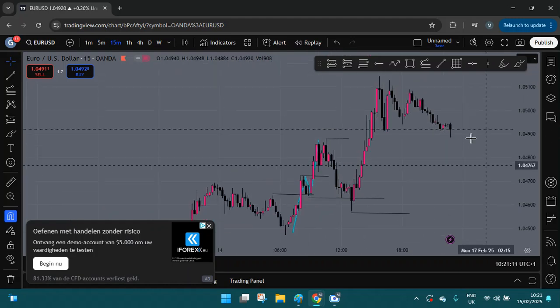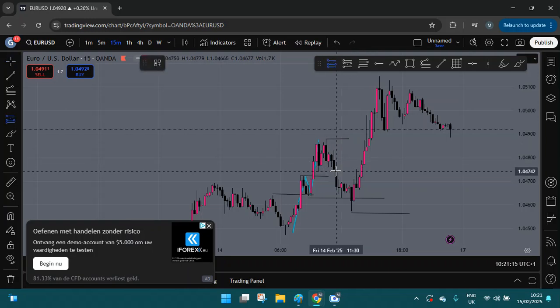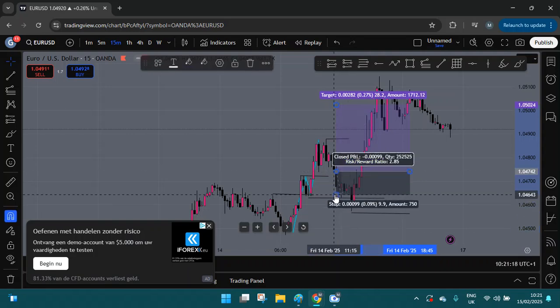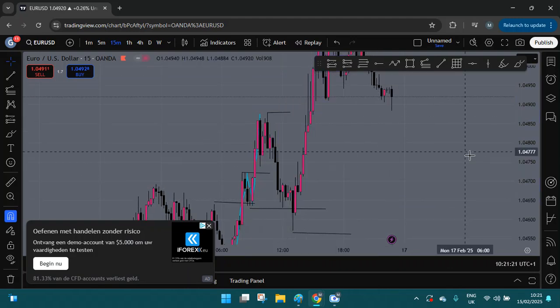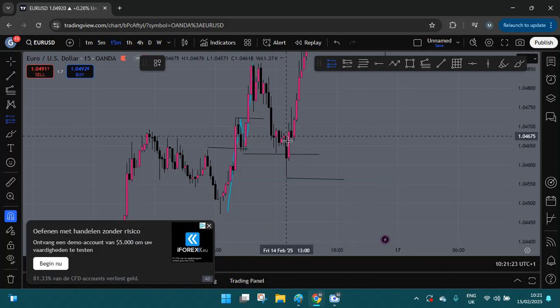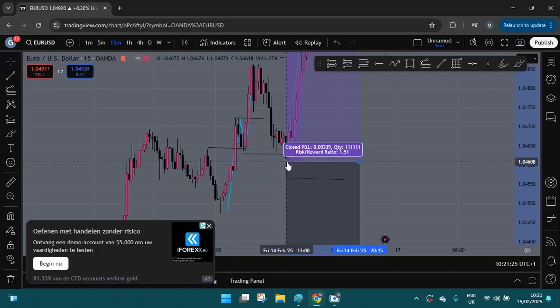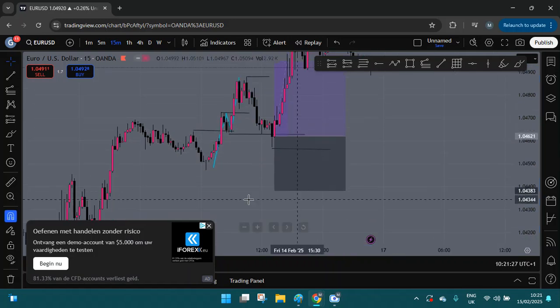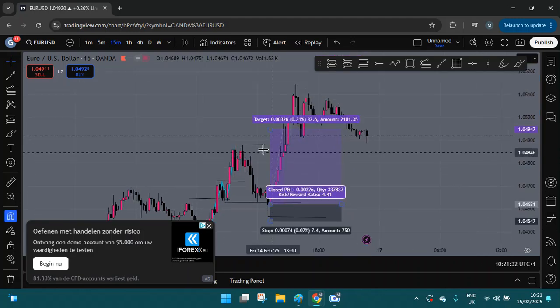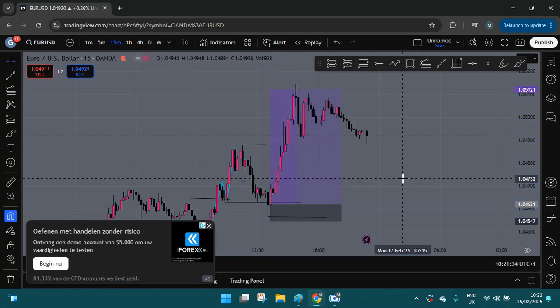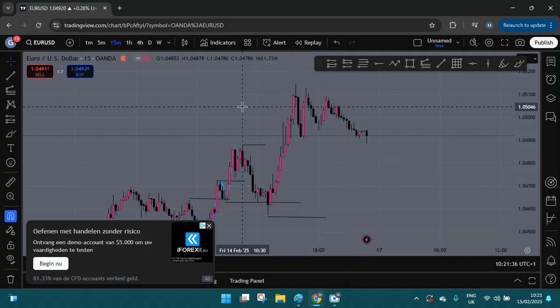So instead of this low getting broken and you get stopped out like this in your trade, which would be a loss, you are entering down here after your major low gets taken, broken, gone under, and now you get your trade. So that's how you spot major lows.